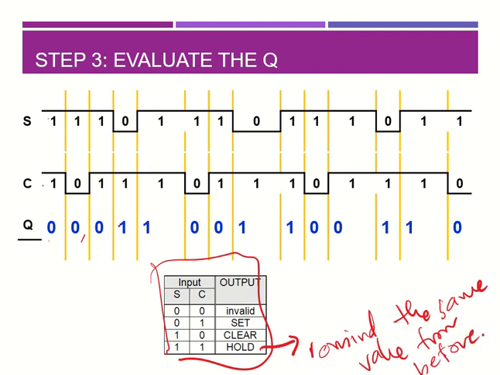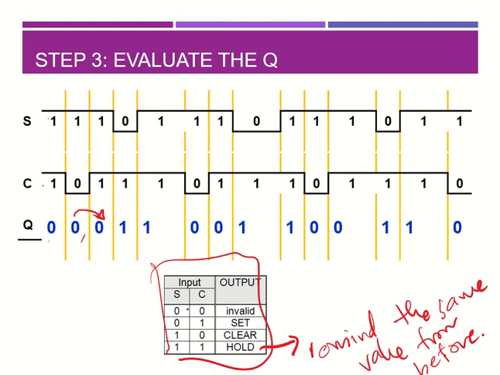So before this it was 0, so just bring it over to become a 0. If the previous one is 1, this will become 1. It depends. This is how a latch works.